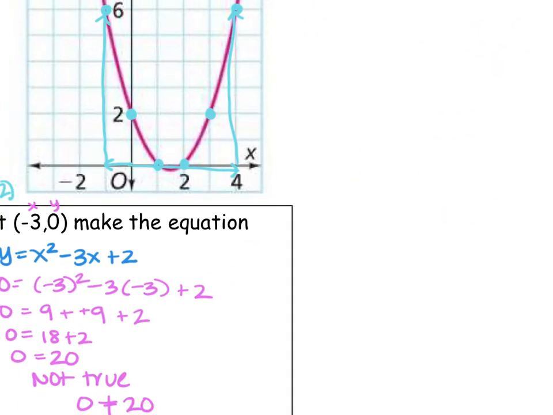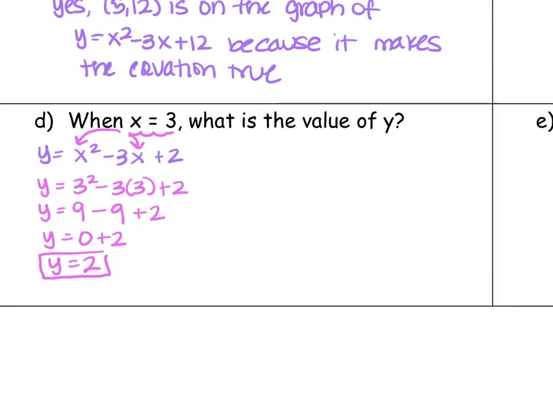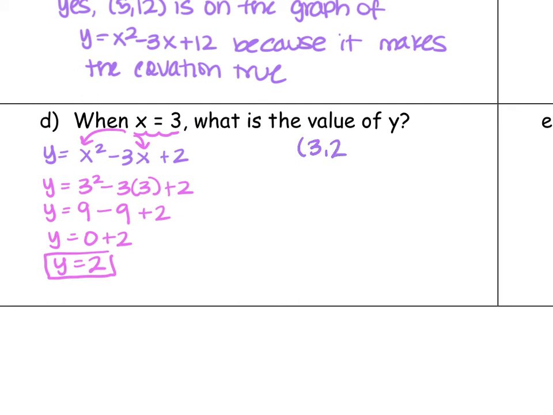When x equals 3, here's 3 on the graph. What is the y coordinate of this point? That is the point (3, 2). So that's another way to determine the value of y, just by looking at the graph and not by plugging into the equation.